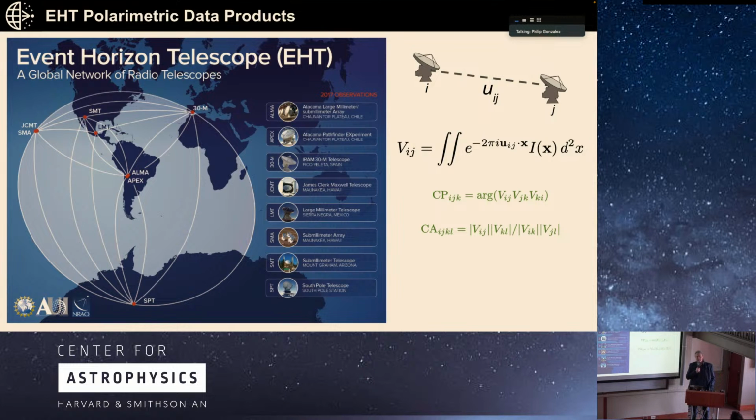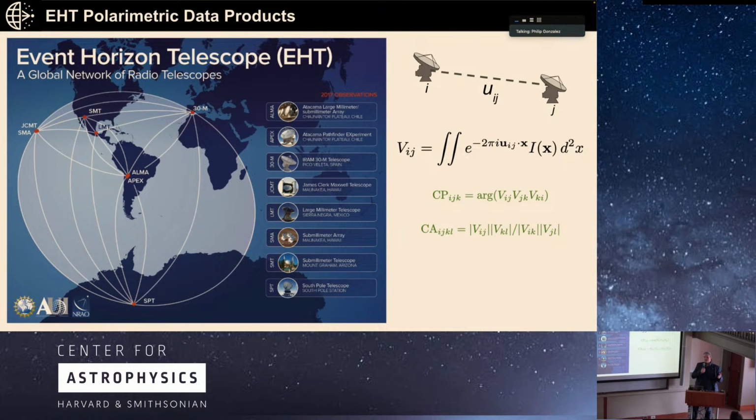That is, if we take data from these 2 stations and combine it in the right way, we get a representation of the Fourier transform of the image on the sky evaluated at a spatial frequency set by the separation of those 2 stations. Now, of course, life is not simple. It's not always ideal. And there are a number of effects that complicate the interpretation of this relationship in practice. 2 examples would be absorption by water vapor in the atmosphere or phase delays in the troposphere.